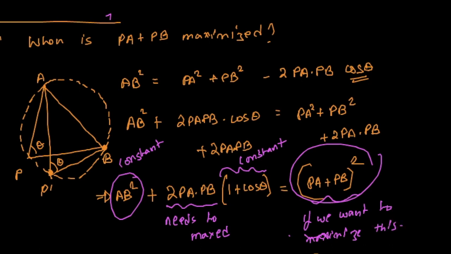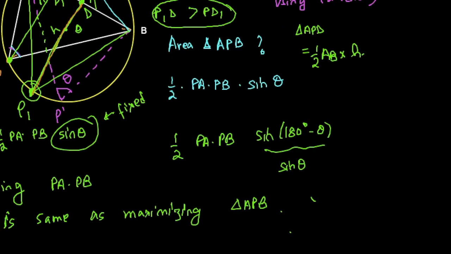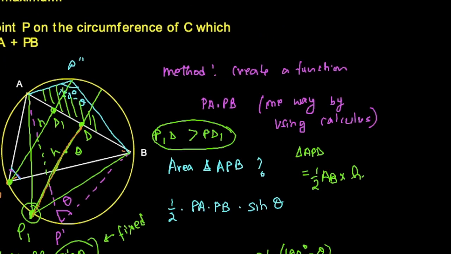And we know PA times PB is maximized precisely when the point P is on the diameter perpendicular to AB. So we already solved it. The same position of the point P will work. So quite a beautiful problem. We have used certain properties of the area of the triangle to find the optimum position of the point P.